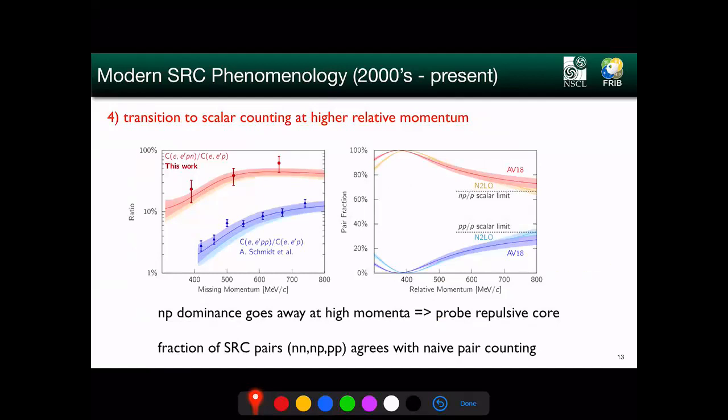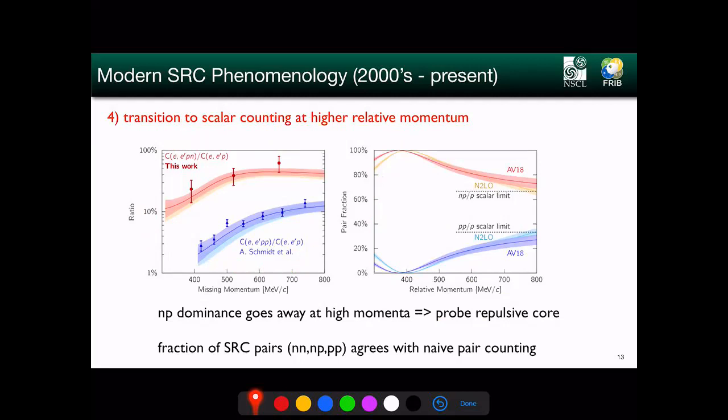The fourth bit of phenomenology that we'll try to understand later is that there's eventually a transition from this NP dominance to what the practitioners call scalar counting at higher relative momentum. By looking at these cross-section ratios of double knockout to single knockout, they're able to interpret that in terms of the pair fraction in these SRC pairs. What's found is that in these intermediate regions you have a huge enhancement of the NP pairs over everything else due to the tensor force.